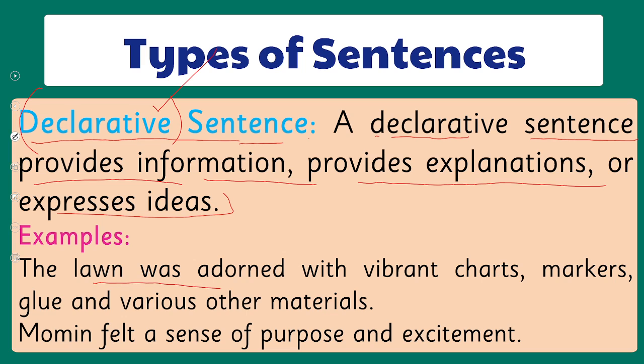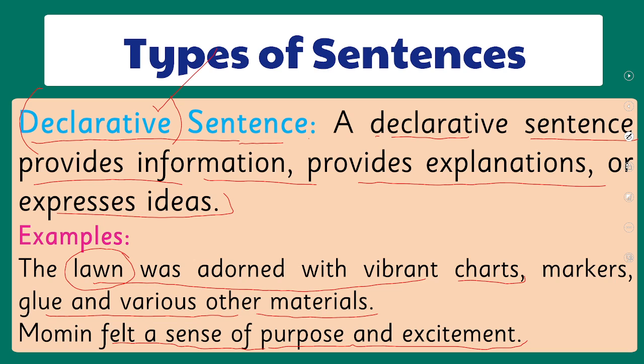Like, the lawn was adorned with vibrant charts, markers, glue and various other materials. We have explained something, that's why it is a declarative sentence. Like, Momin felt a sense of purpose and excitement. We have presented a state, we have expressed an idea, or we have told about a situation, so it is a declarative sentence.